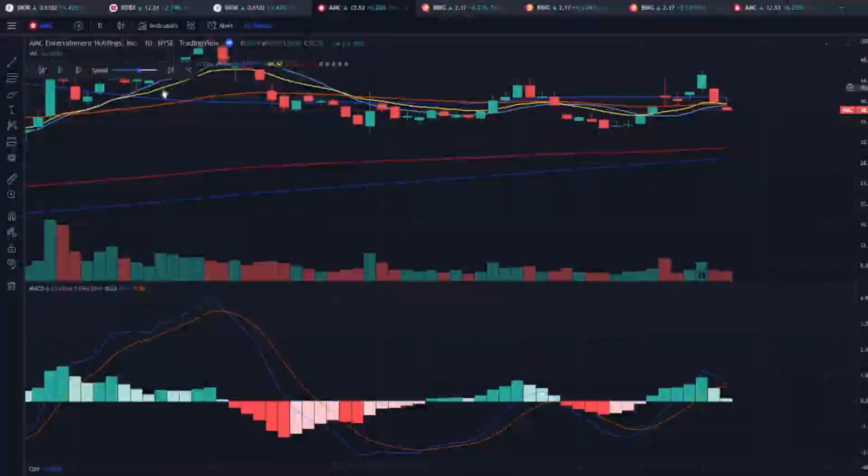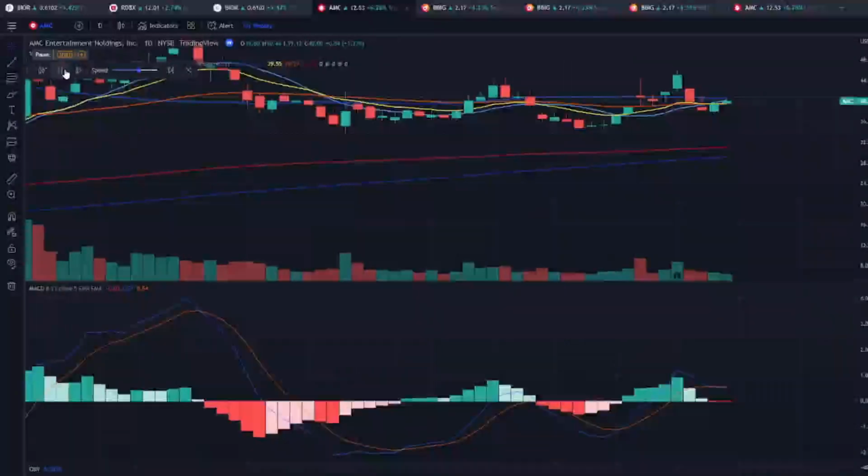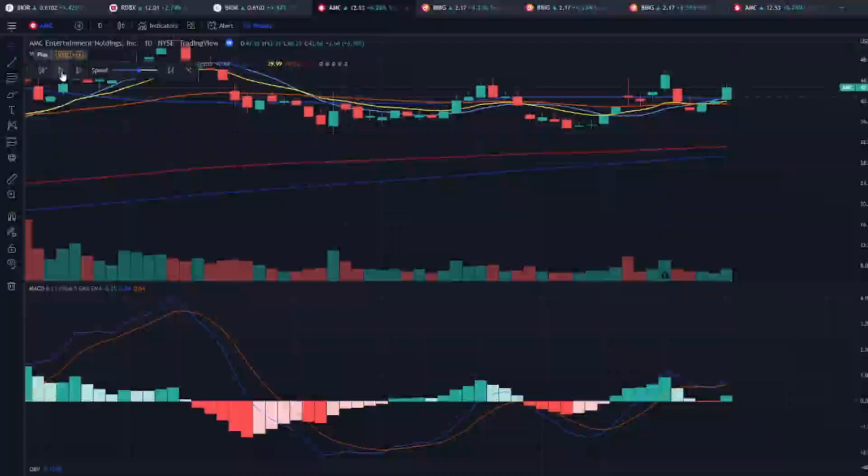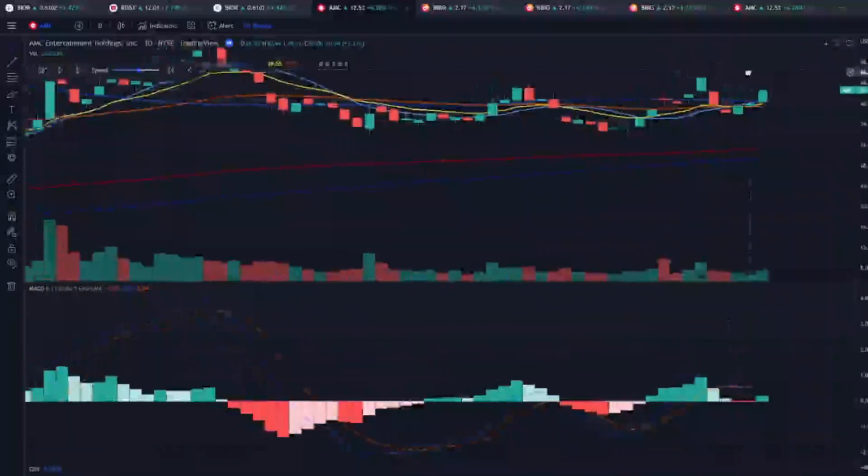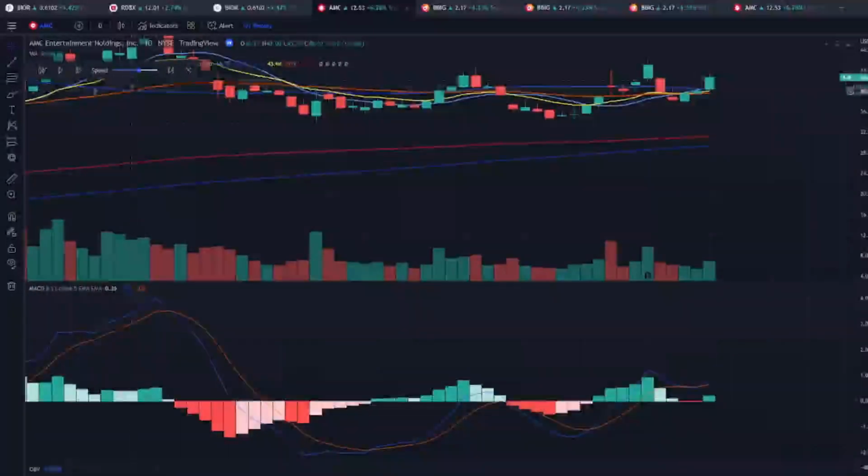You click on the chart from the point that you want to start from, the left button. Let me check. Oh, there we go. Yeah. Okay. And then you click on the chart at the point where you want to start the replay, and then it prints out candles basically.